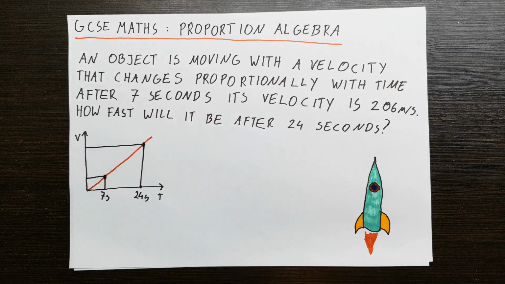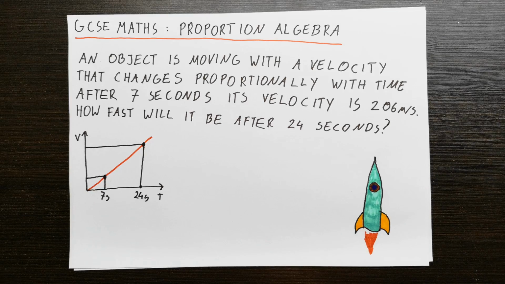An object is moving with a velocity that changes proportionally with time. After 7 seconds, its velocity is 206 meters per second. How fast will it be after 24 seconds?